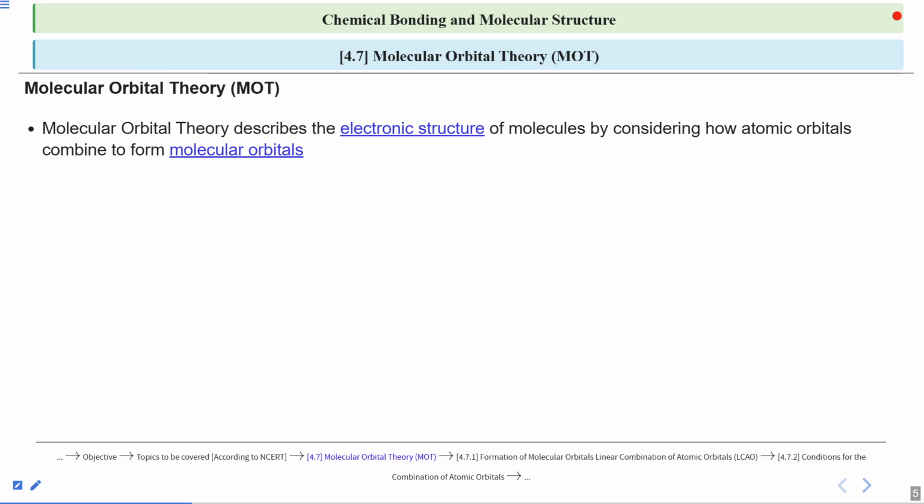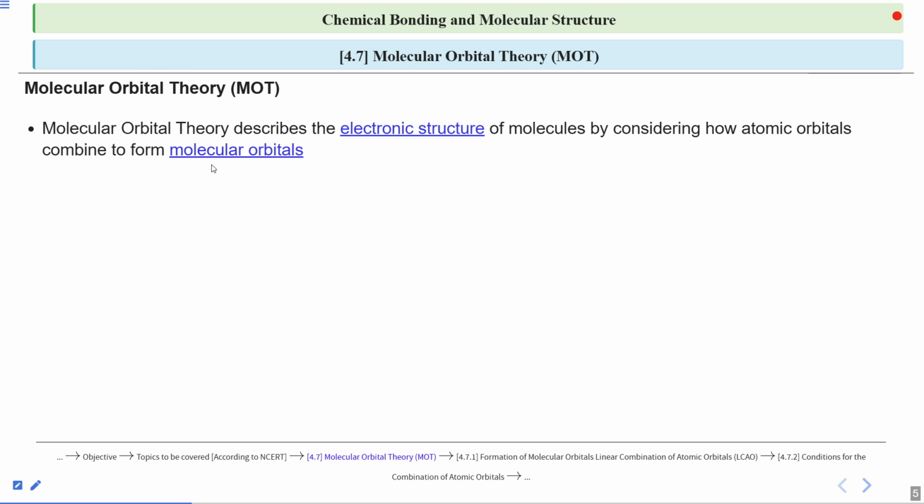We have seen this in the theory classes of atomic structure. Now, molecular orbital theory is focused upon the electronic structure of not the individual atoms, but the molecule itself. And in this process, MOT takes the atomic orbitals and combines them to form the molecular orbitals. Got it?